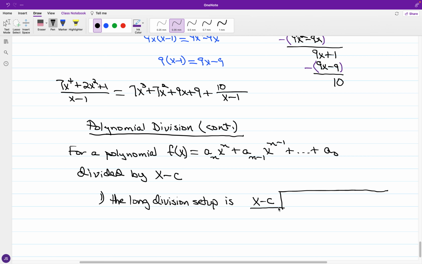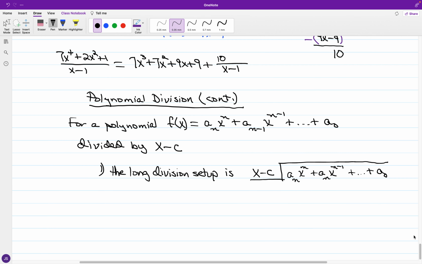Again, we have the dividend, so you have that polynomial, just like what we were doing earlier, but with specified numerical expressions.